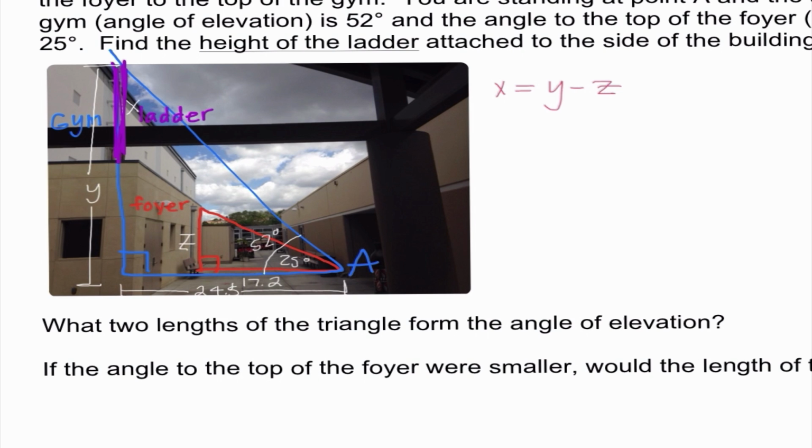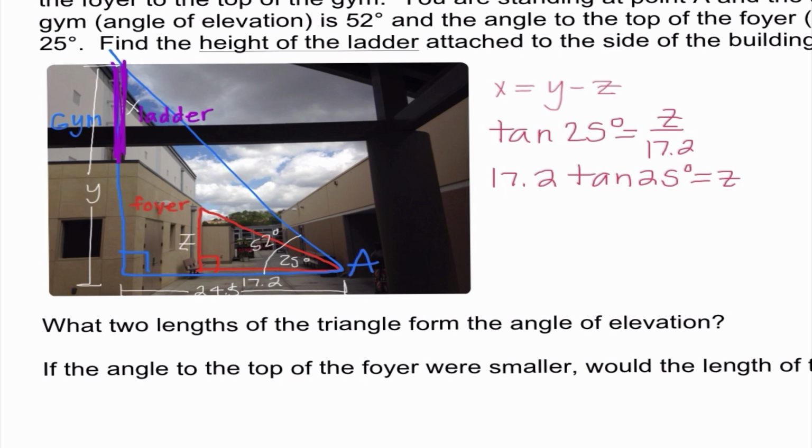So if I know this angle of elevation and I know the adjacent side, and we're trying to find the opposite side, that means that I need to use tangent. So I'm going to say tangent of 25 degrees is z over 17.2. To get z all by itself, I'm going to multiply by 17.2 and put the tan of 25 into my calculator.